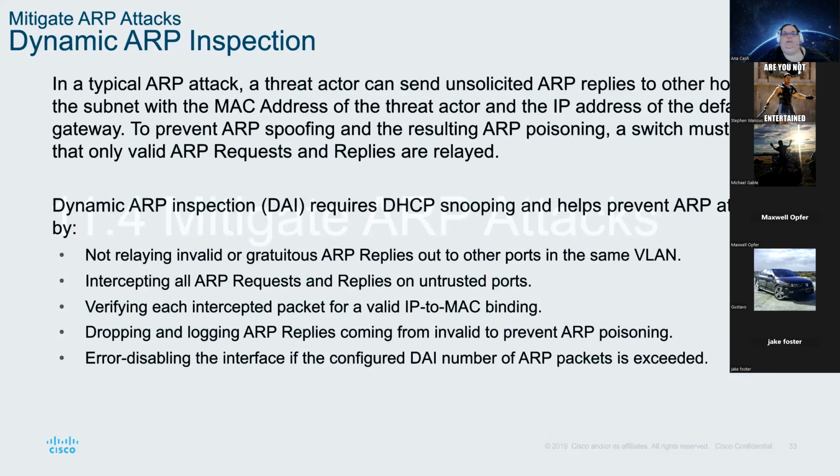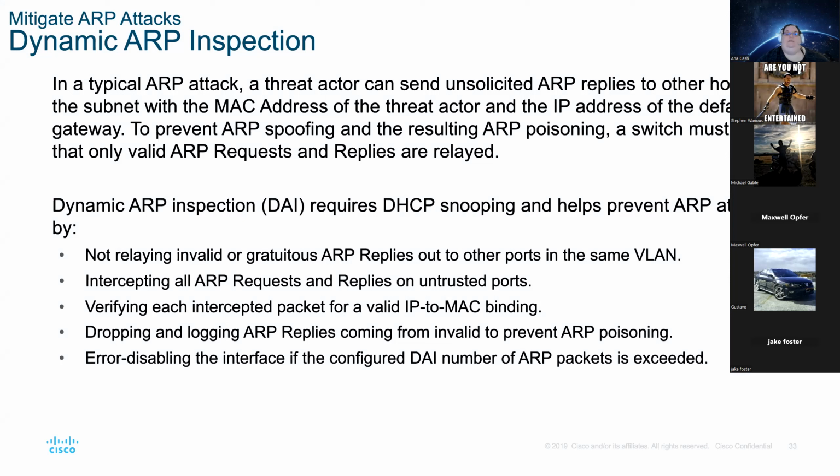ARP attacks. Okay. In a typical ARP attack, a threat actor can send unsolicited ARP replies to other hosts on the subnet with the MAC address of the threat actor and the IP address of the default gateway. To prevent ARP spoofing and the resulting ARP poisoning, a switch must ensure that only valid ARP requests and replies are relayed.